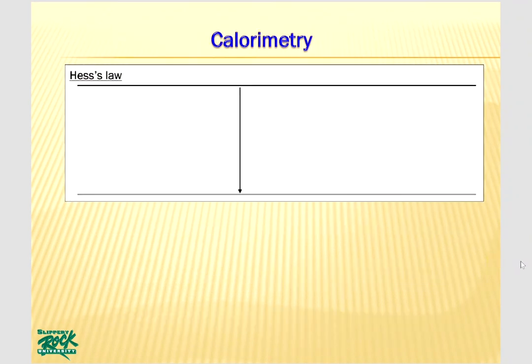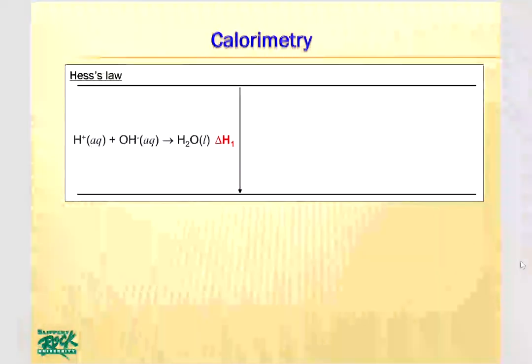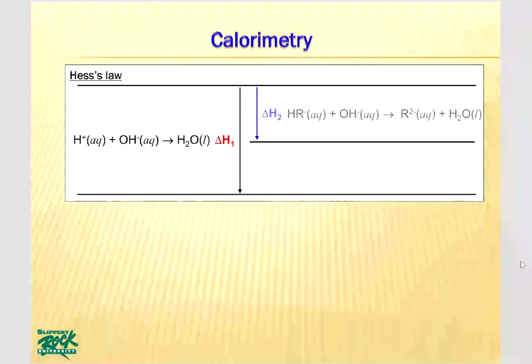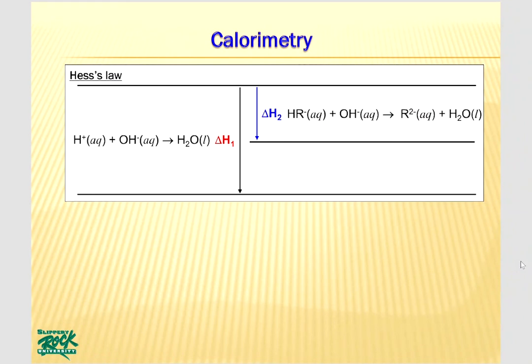This combining process of reactions can be described pictorially with this energy diagram. Formation of water from acid-base neutralization may split into two steps. The first step is the second neutralization of malonic acid, and the second step is the reverse reaction of the second ionization of malonic acid.